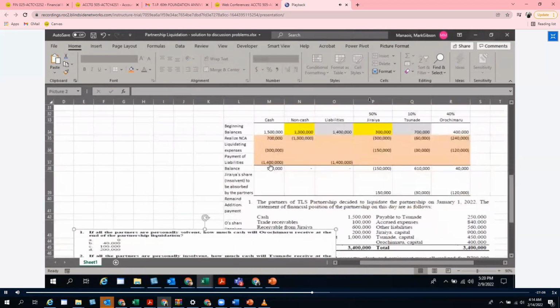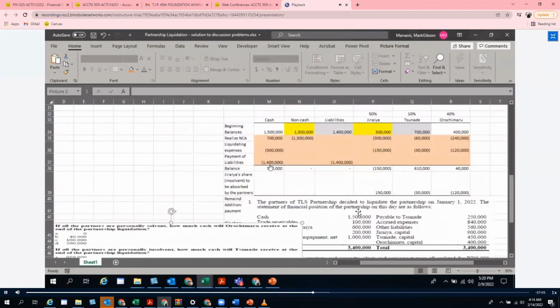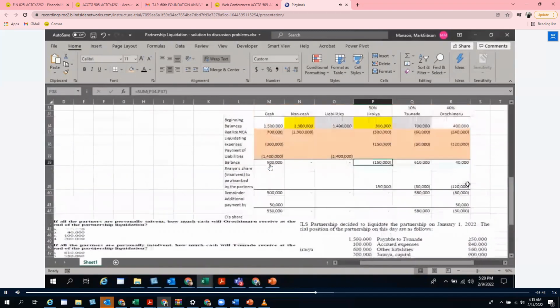So, parang it goes without saying, si Jairaya at saka si Tsunade, they are all insolvent. So, therefore, itong 150,000 na debit balance, wala nang capacity to pay si Jairaya. So this will need to be absorbed by the 2 remaining partners.